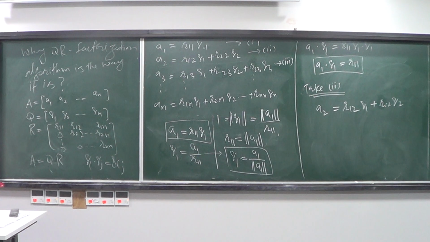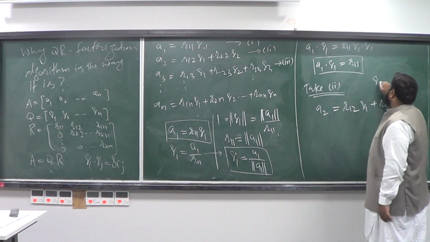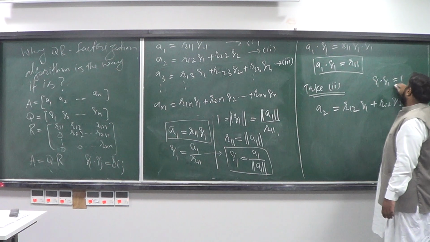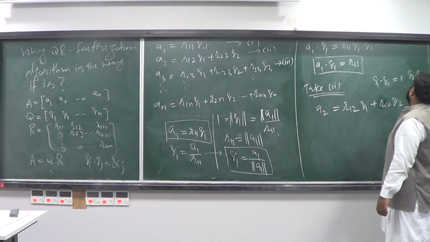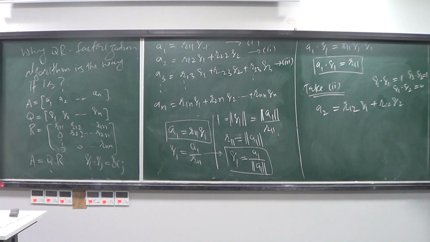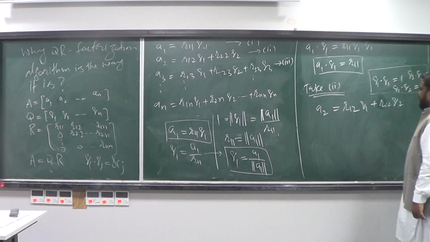So what should I do? Now, what do I know about Q1 and Q2? One thing that I know is that Q1 dot Q1 is 1, Q2 dot Q2 is 1, and Q1 dot Q2 is 0. This is what I know about the relationship between the vectors Q1 and Q2.